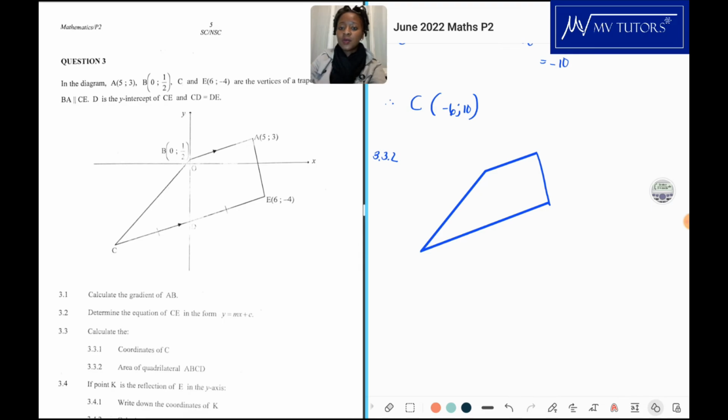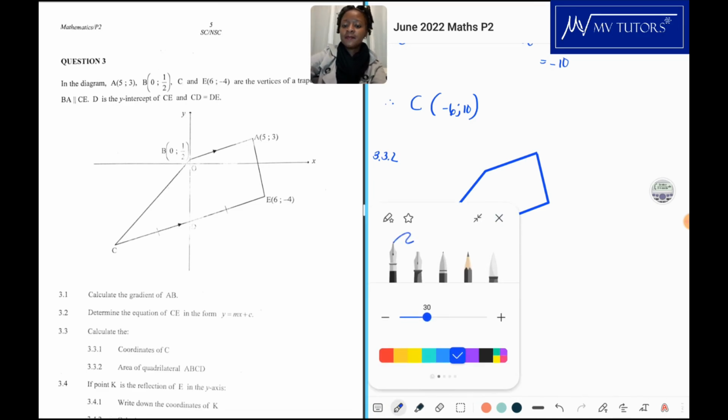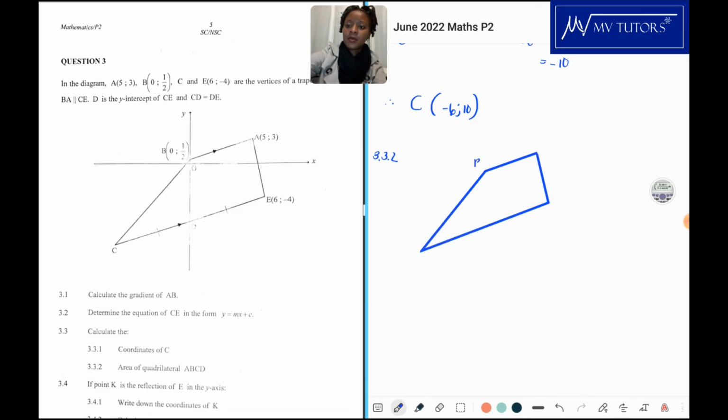Okay, so let me just erase this and just close it up there. Hopefully it matches. Okay, sorry. Okay, so we have with us A, B, C, and D and E.